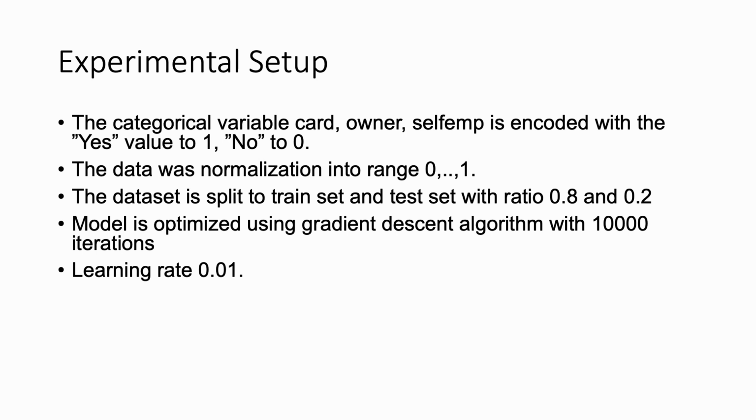The dataset will be split into train and test sets with ratio 0.8 and 0.2. The model will be optimized using the gradient descent algorithm with 10,000 iterations and a learning rate of 0.01.